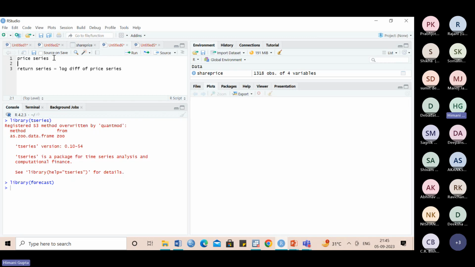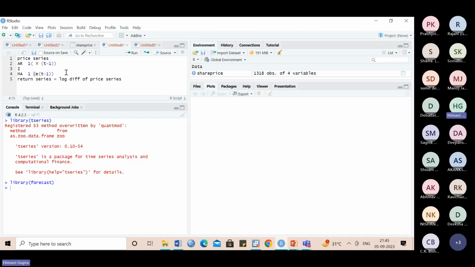If I am saying ARIMA, there are 3 parts: AR, integrated part, and MA part. For example, suppose that AR1 is there. AR1 means Y t minus 1, and MA1 means E t minus 1.